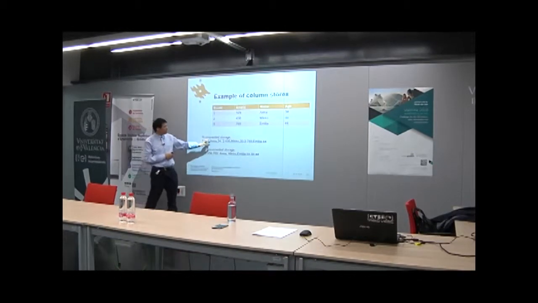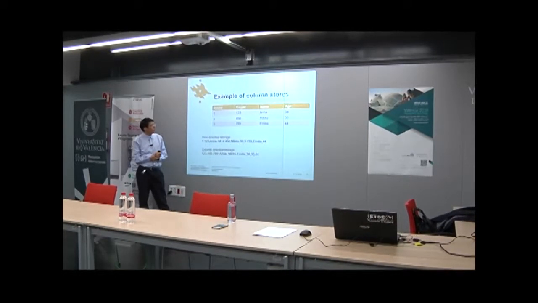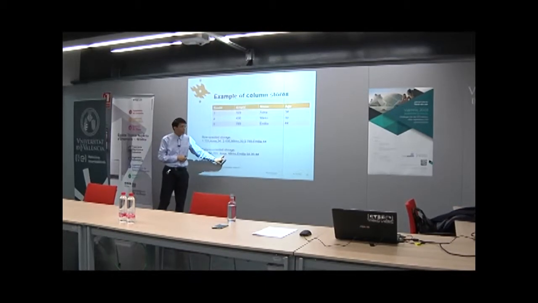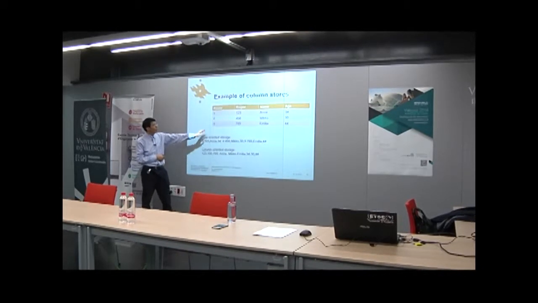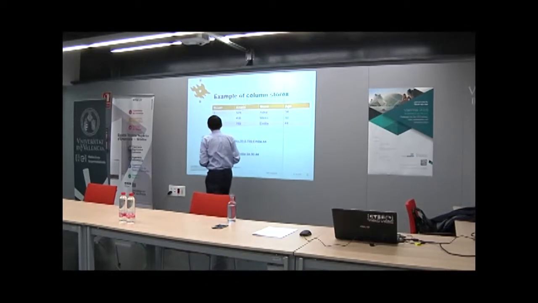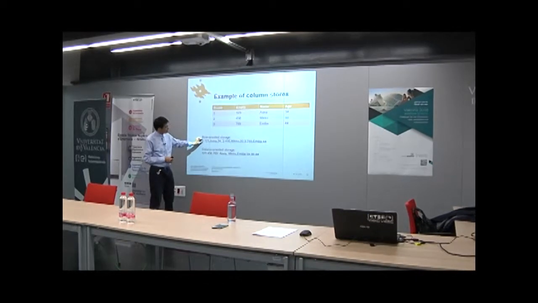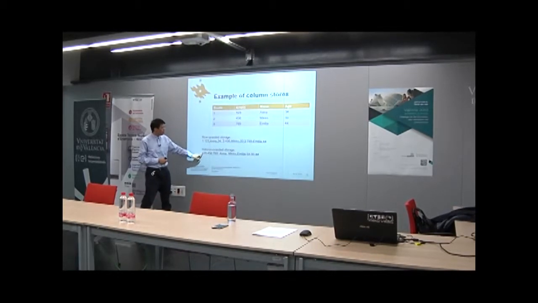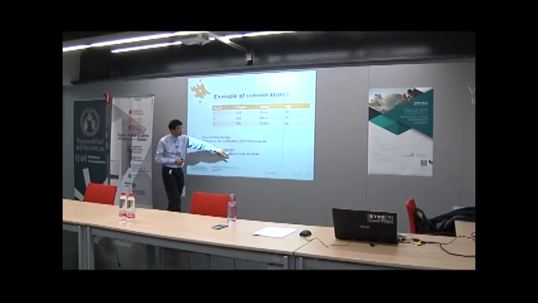But if we use column storage, then we have to do the jump, the seek operation, in different blocks of the data. For this example, to retrieve this row of information in row-oriented storage, we can just access this one block of the data. But if we use column-oriented storage, in order to get this row information, we have to access different blocks.